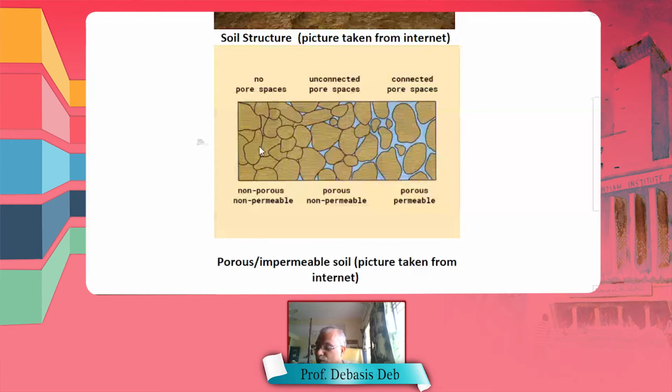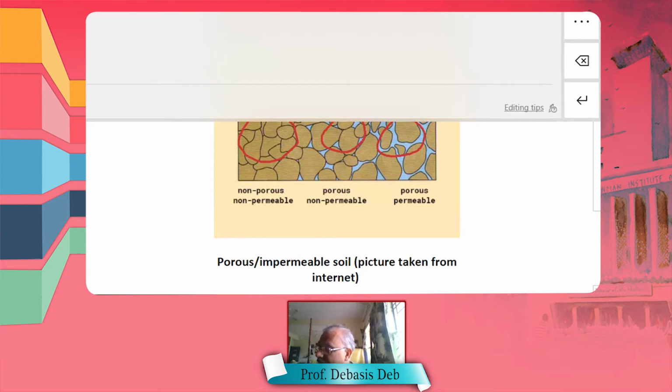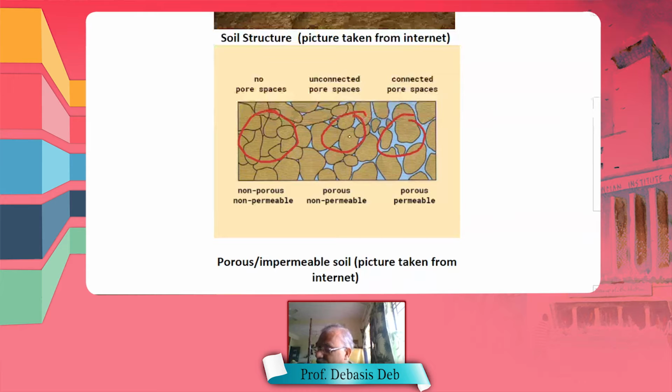So this part is non-porous, and this one is the porous or permeable. And here they are telling you that this is porous but non-permeable.